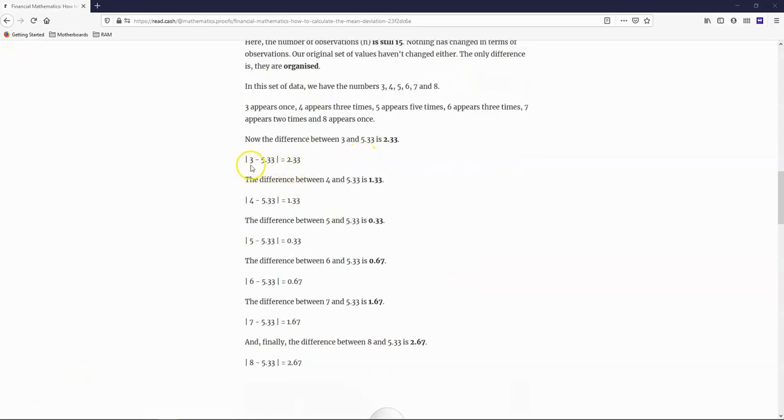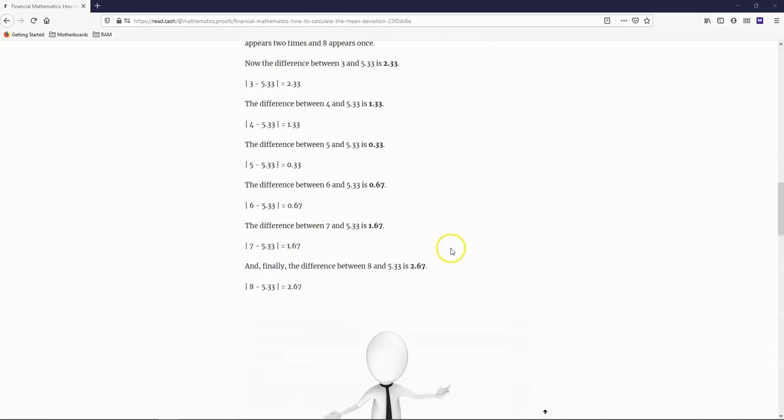So the difference between 3 and 5.33 is 2.33. The difference between 4 and 5.33 is 1.33. The difference between 5 and 5.33 is 0.33.